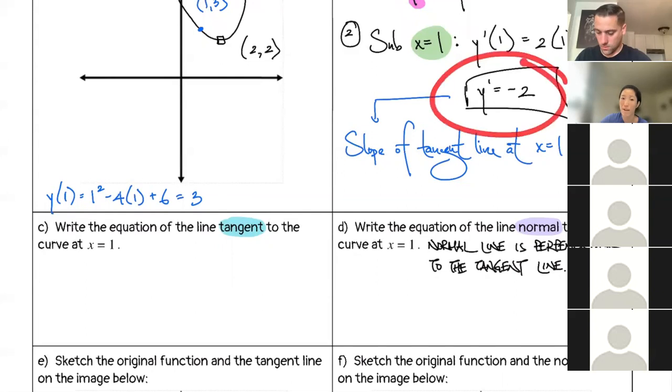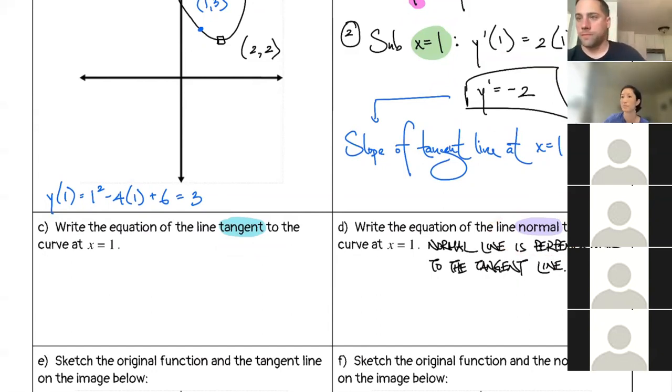We got a slope of -2 for this tangent line. What's the slope of the normal line going to be? Ooh, 1/2. Okay, because we took the reciprocal, which is 1/2, and we changed the sign. So it's not -2 anymore, but it's a positive 1/2. Okay, well, let's try a couple other examples.